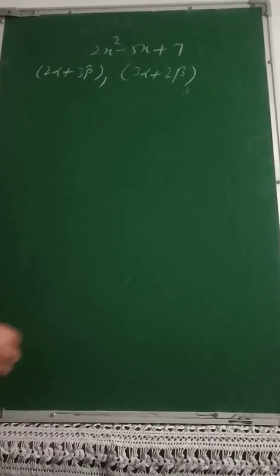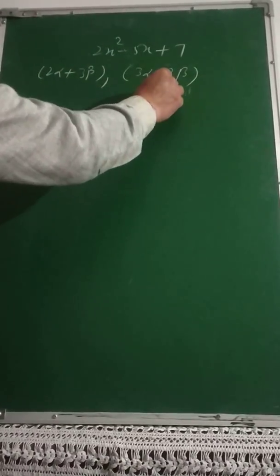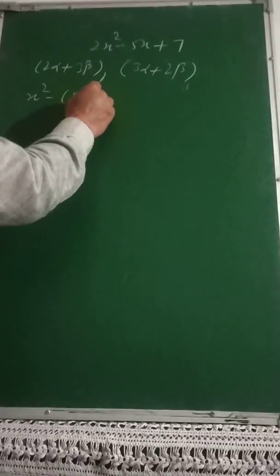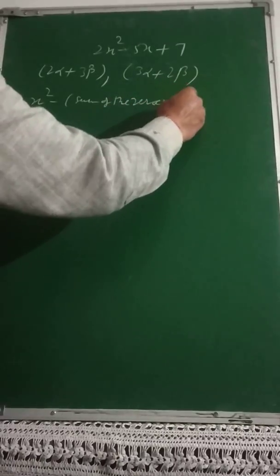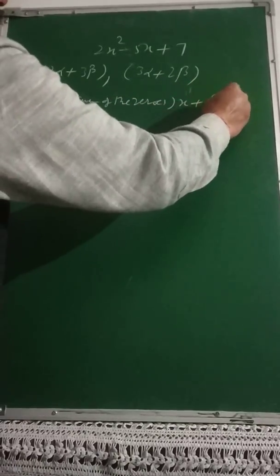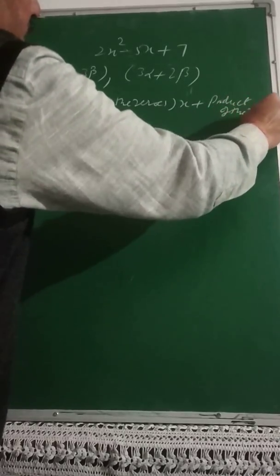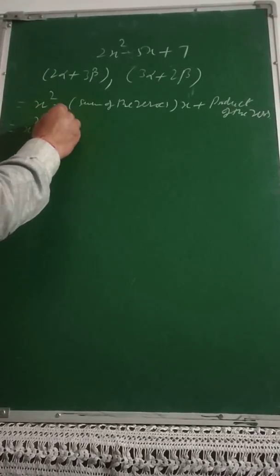As I have already told you, to write the quadratic polynomial in terms of these zeros, the standard form is x square minus sum of the zeros into x plus product of the zeros. So better you write these zeros there.